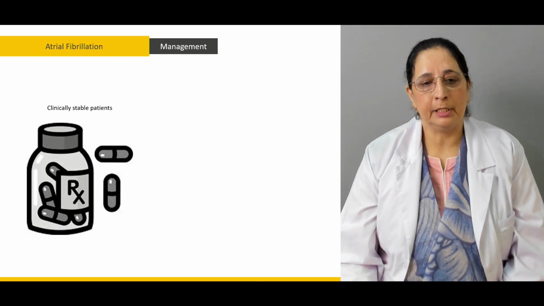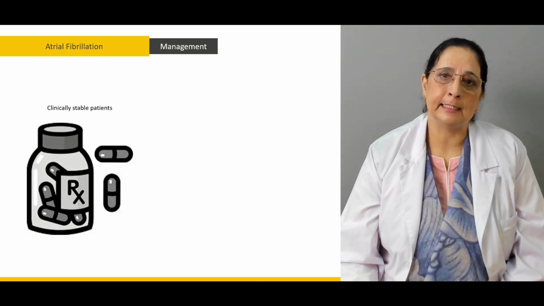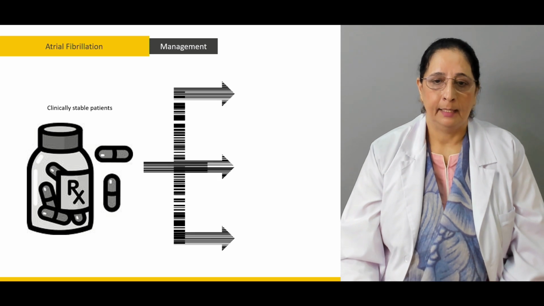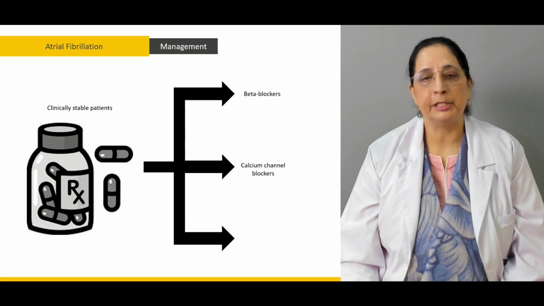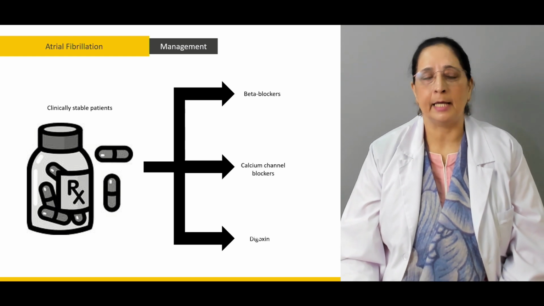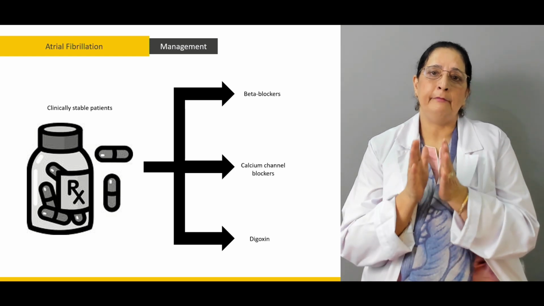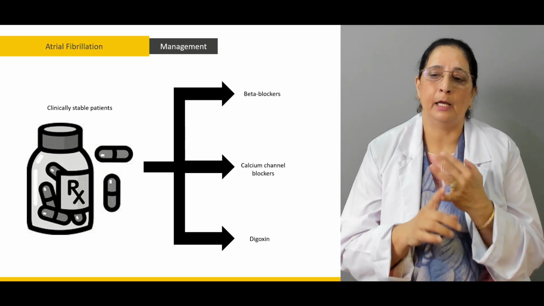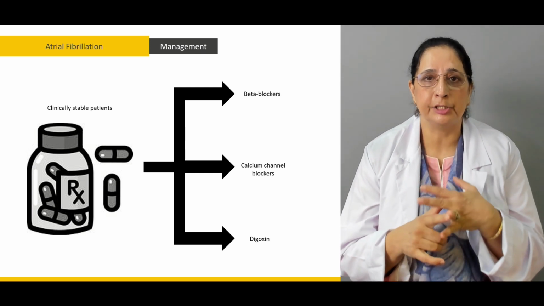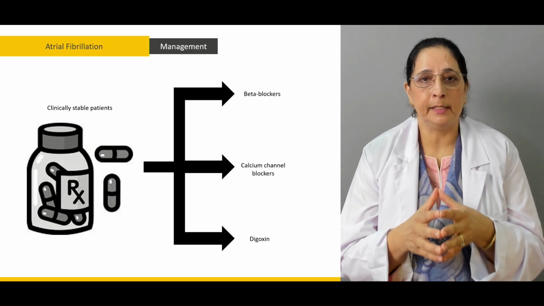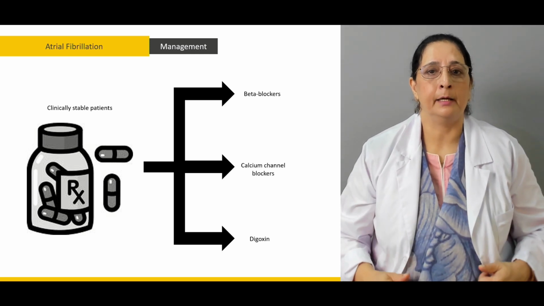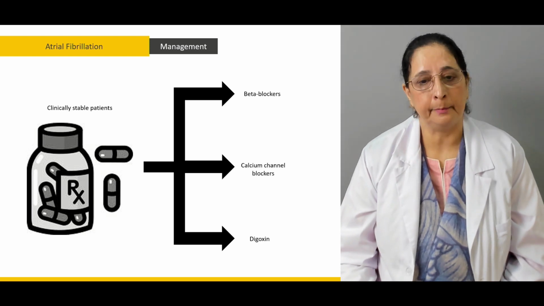In atrial fibrillation, if the patient is clinically stable, then we should give beta blockers, calcium channel blockers, and digoxin. Few very, very important drugs. They control the rhythm and blood pressure, and can be used in the stable patient.